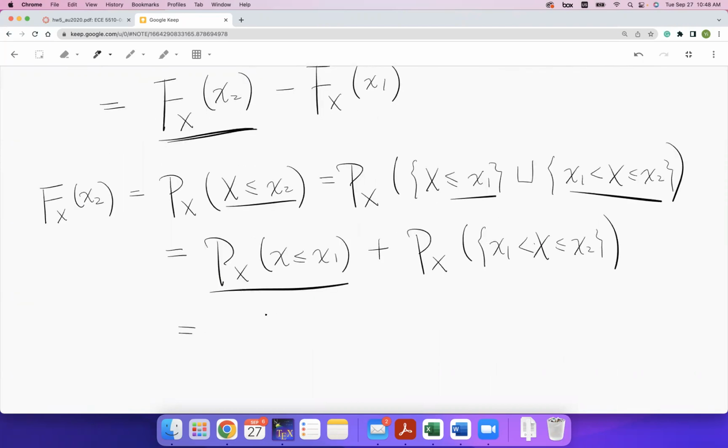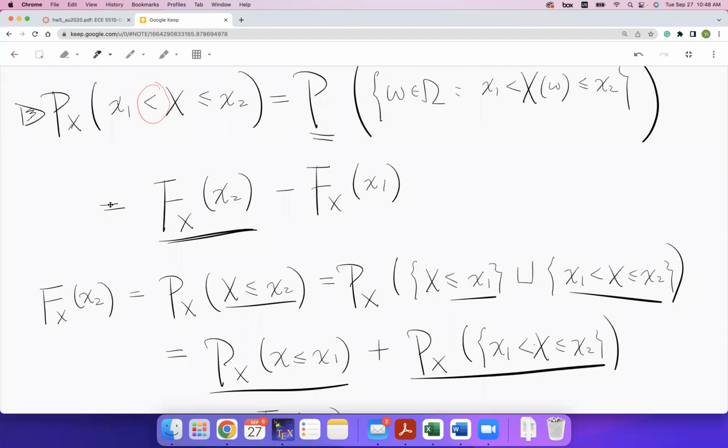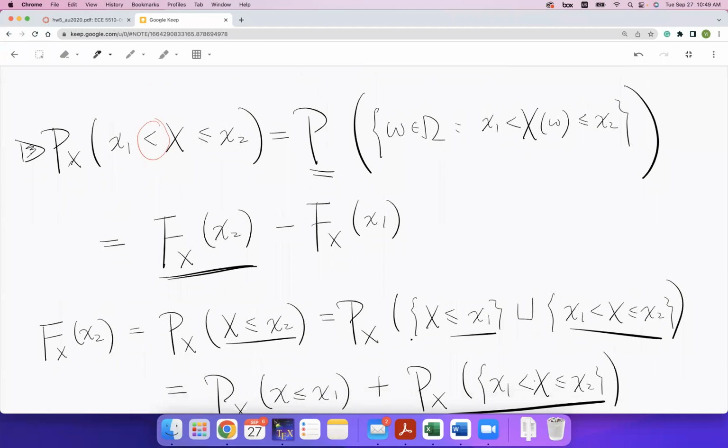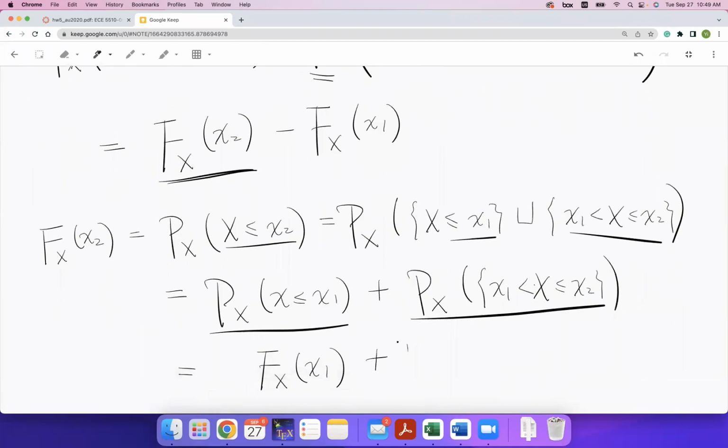And this one, by definition, is F_X(x1). And this is the quantity that we are looking at here. So rearranging the terms, we can obtain the result.